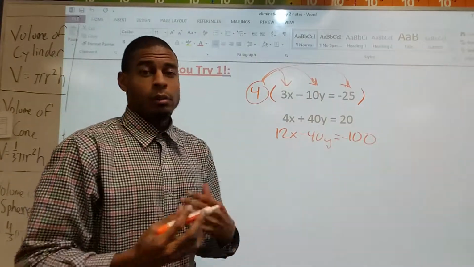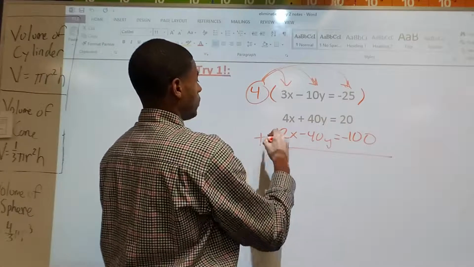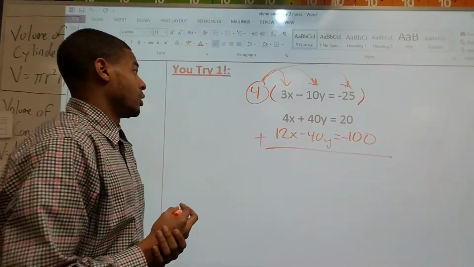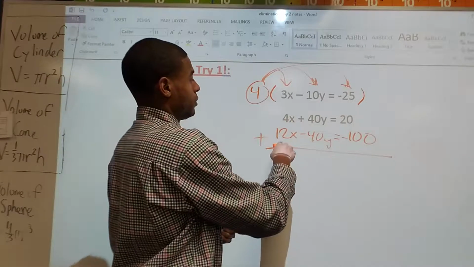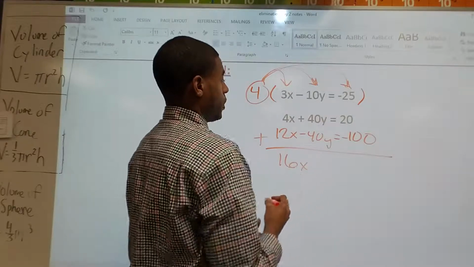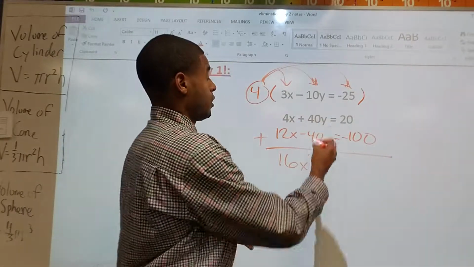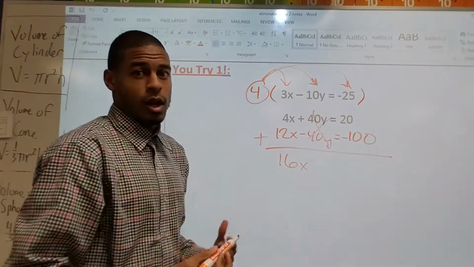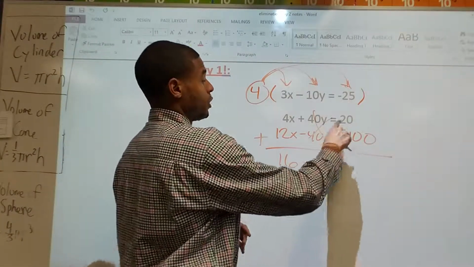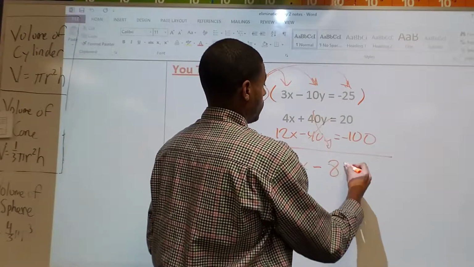How I eliminate is I'm going to add down. So 4x plus 12x equals 16x. The 40y plus negative 40y is 0. They cancel out, they eliminate. And 20 plus negative 100 is negative 80.